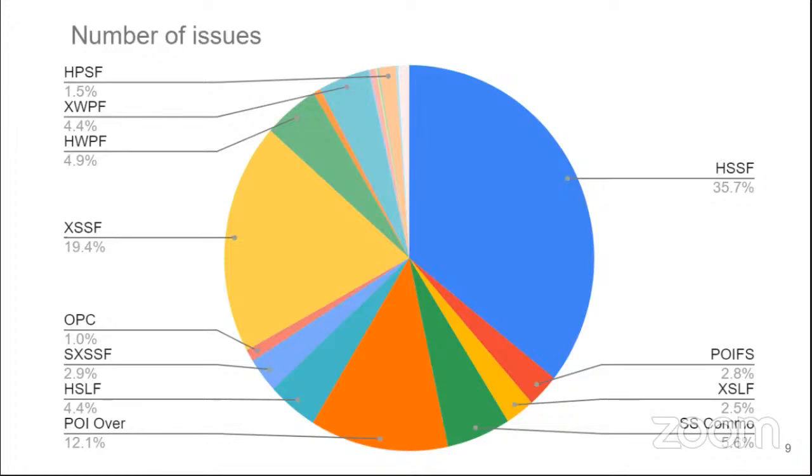For example, there are more bugs for Excel, constituting 35.7% of bugs. In second place is XSSF, also the port for Excel, constituting almost 19%. Next slide, please.